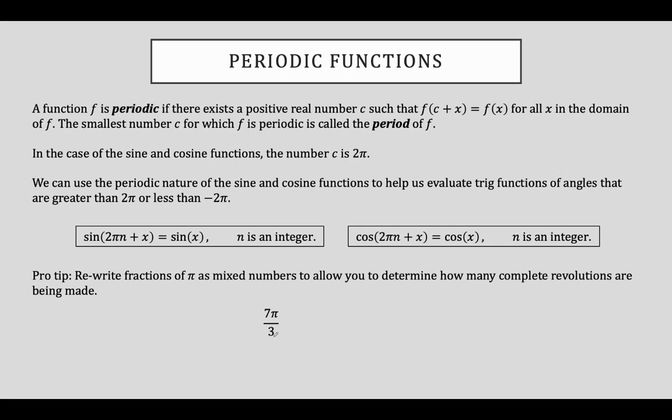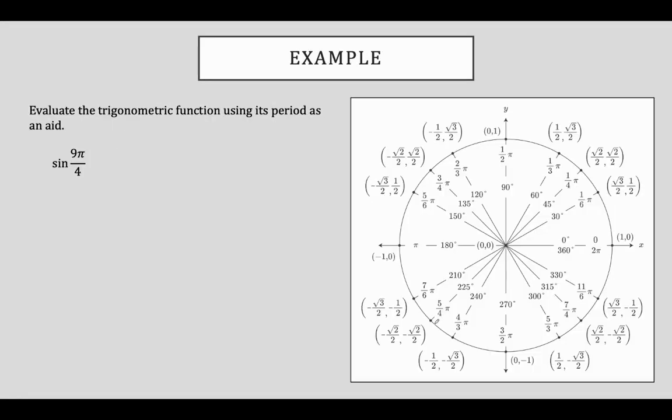So how many times does 3 go into 7? Well, it goes into 7 twice with a remainder of 1. This would be 2 and 1/3 pi. Notice in this case, we would have one complete revolution, and then we would be adding on a third of pi onto that.